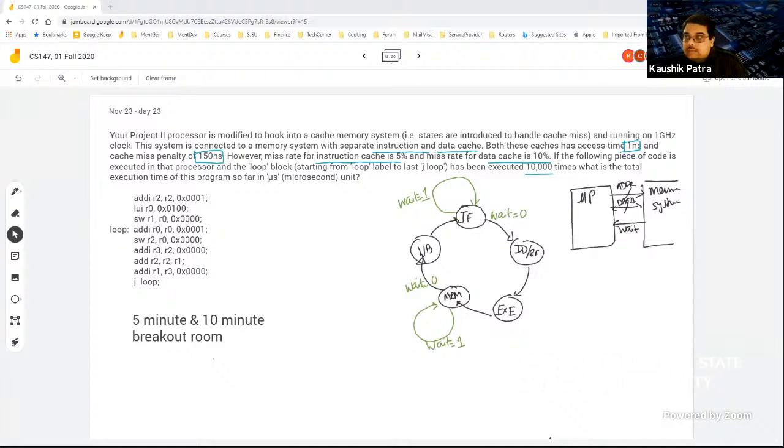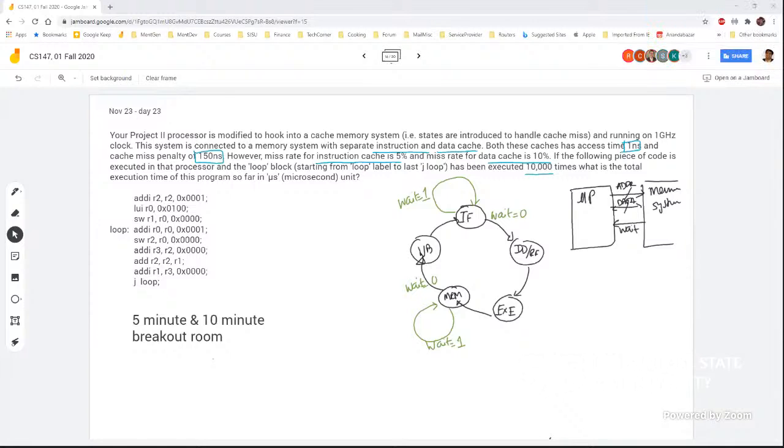Okay, our time is up. Let's wait for a couple of seconds for everybody to come back. I believe everyone came back. Anyone want to discuss the answer, or at least came to an answer? No volunteer? I got 970 microseconds.